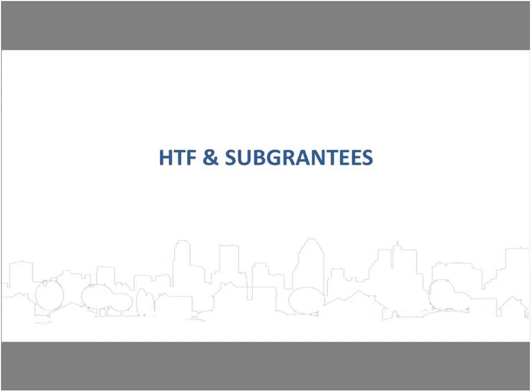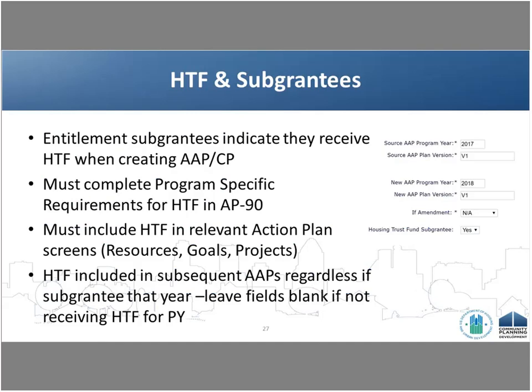Okay, moving to subgrantees. An HTF subgrantee, entitlement subgrantees will indicate when setting up their action plan or their comp plan that they will be receiving HTF resources for that program year.